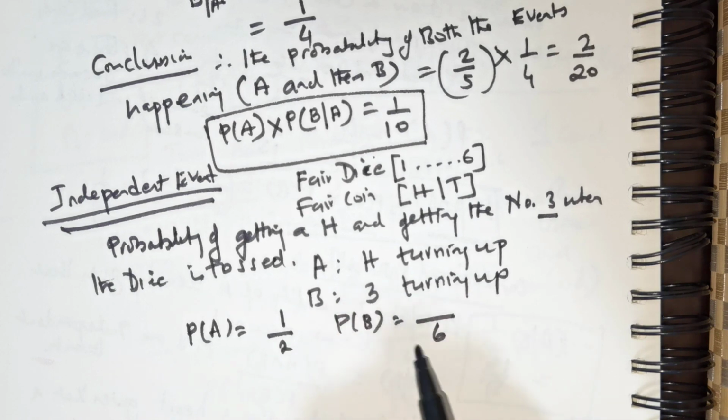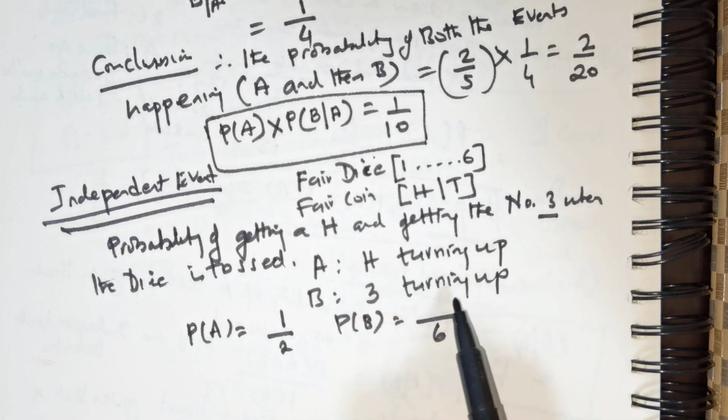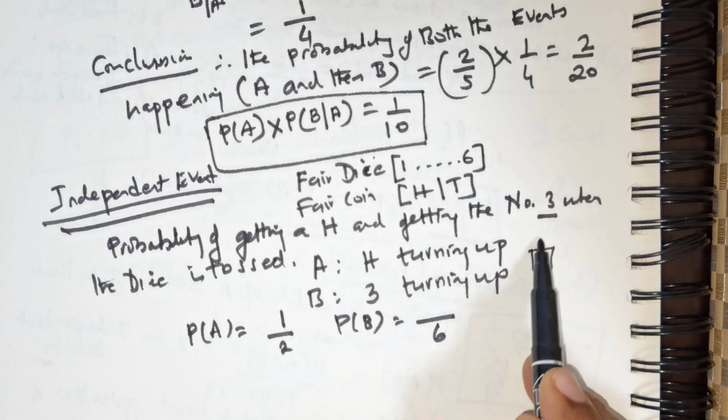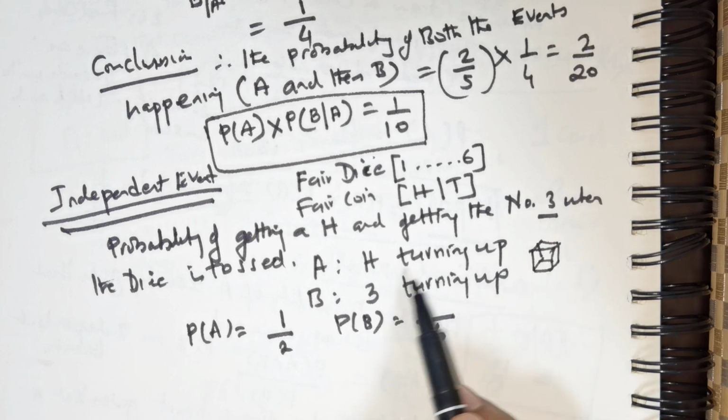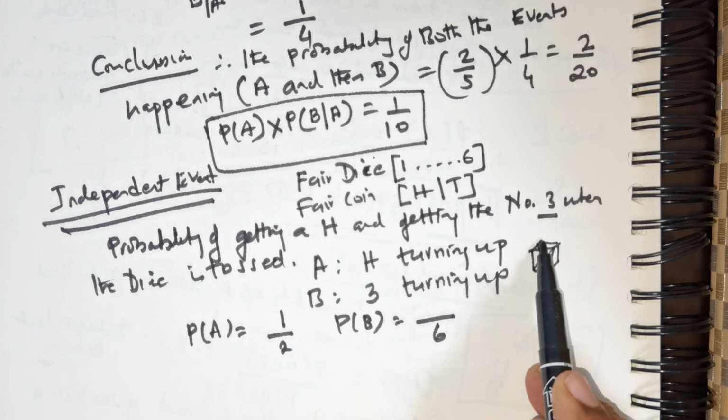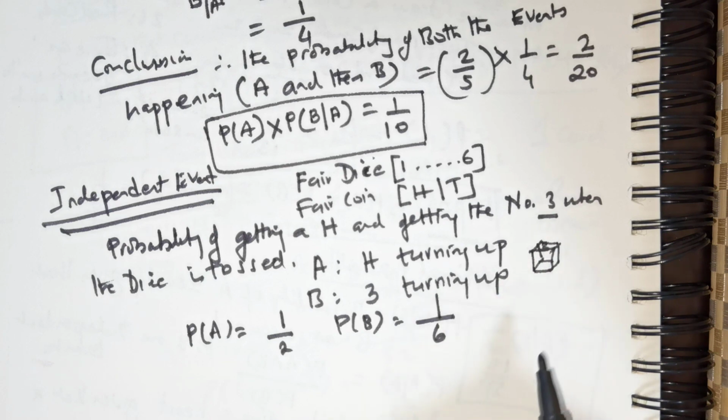We got 6 faces, and only one face has the label 3.